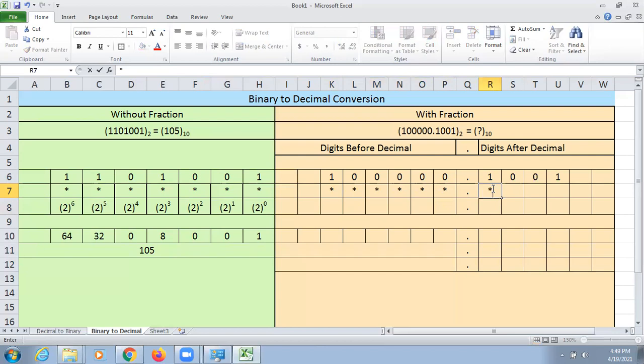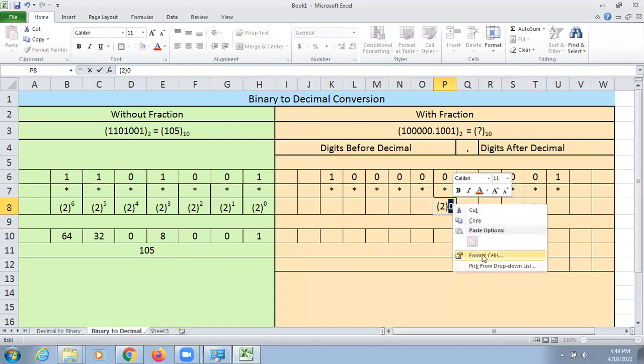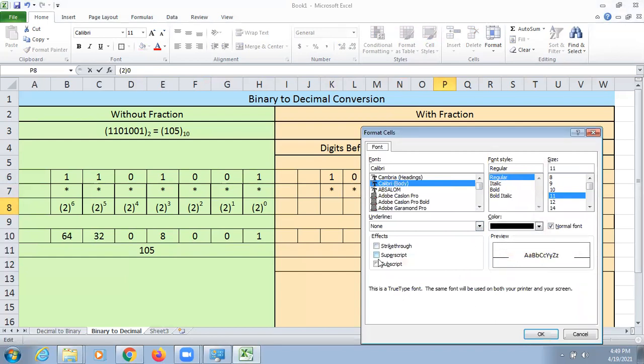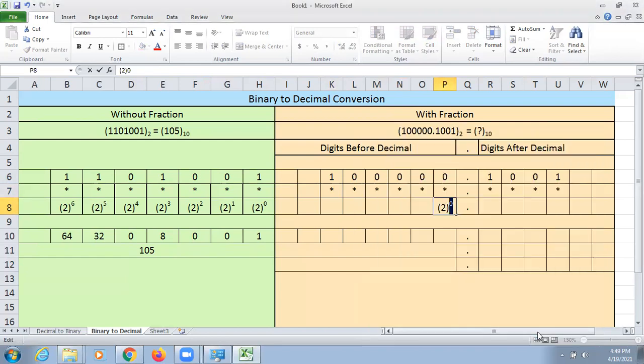Here also. And here we have to multiply with 2 raised to power 0, and then multiply the next digit with 2 raised to power 1, 2, 3, 4, 5.